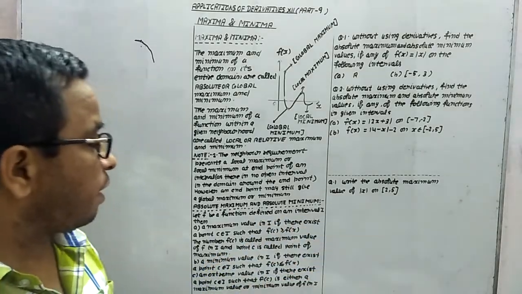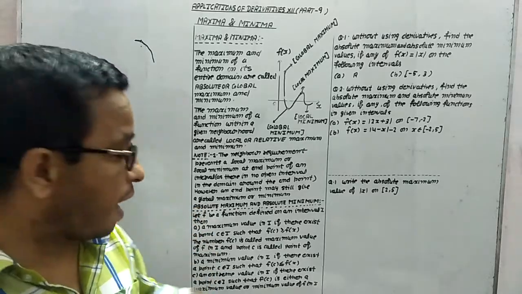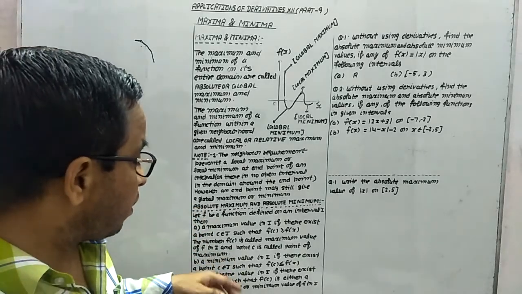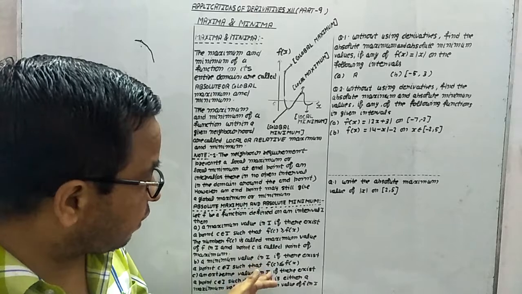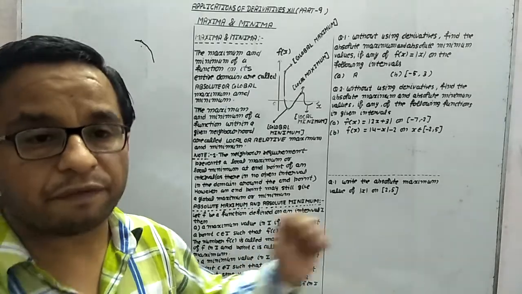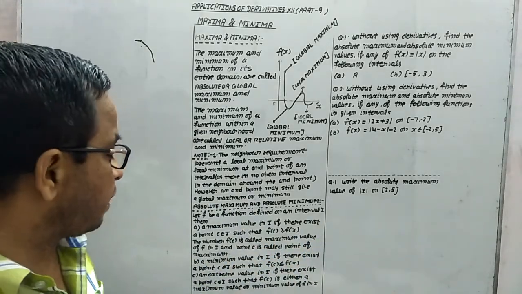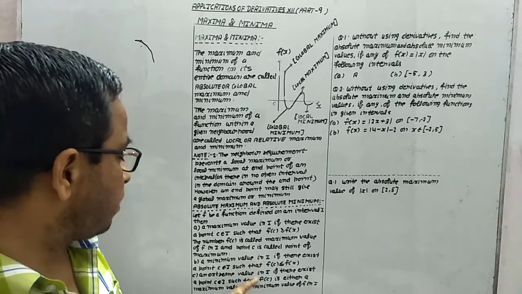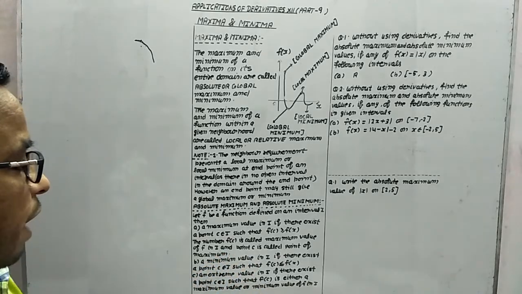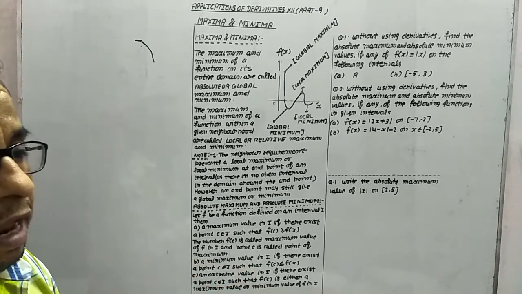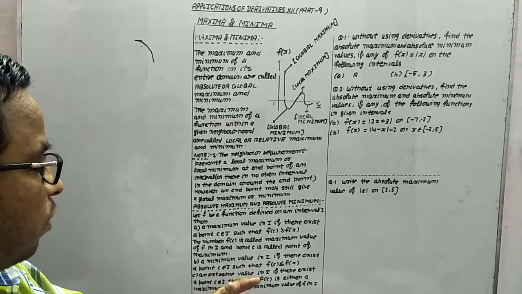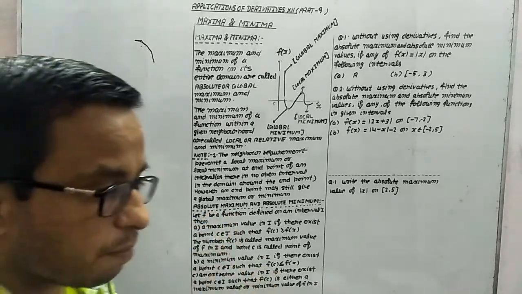In the same way, if c belongs to I and there exists such a condition f(c) less than or equal to f(x), in this case f(c) is known as the minimum value at point c, and c is called the point of minimum value.